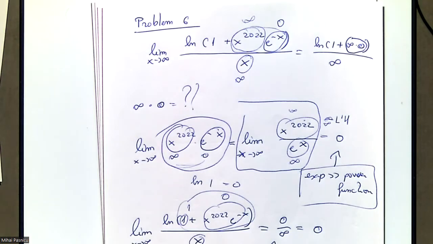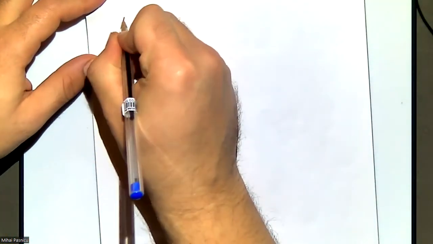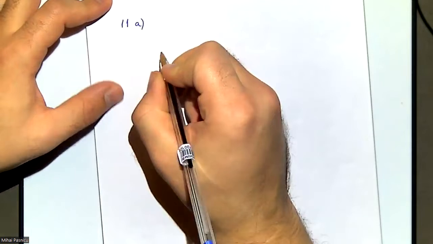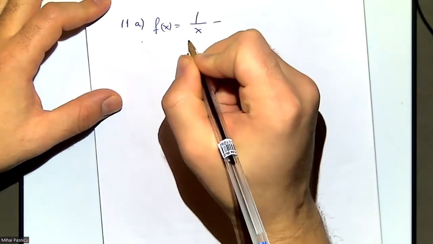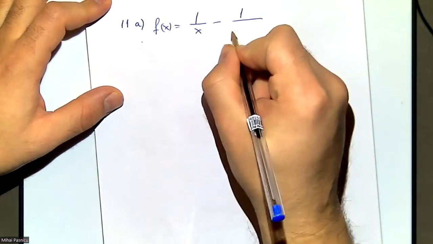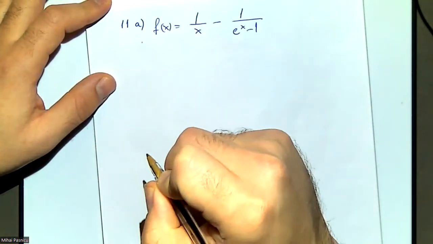Okay, now problem 11a. I've scrolled through that as well. 11a, and it asks us a lot of stuff. So let's see what we can do today. Problem 11a. I'm given this f of x that looks like this, 1 over x minus 1 over e^x minus 1.